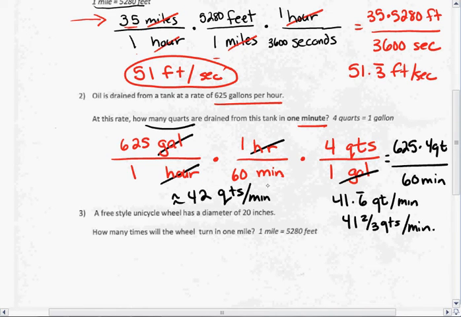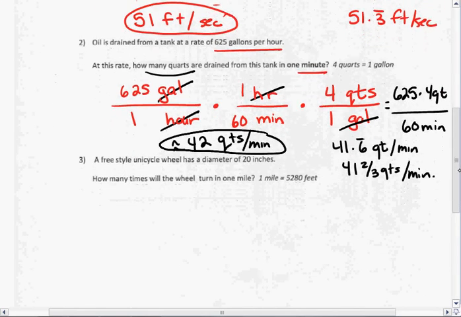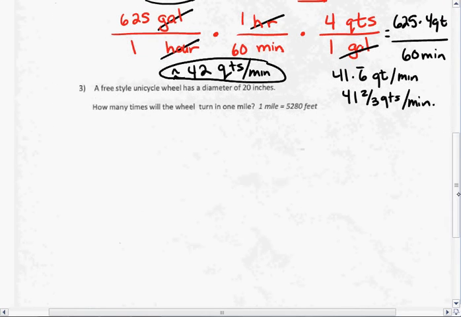Last question. Last question is the circumference over distance question. A freestyle unicycle wheel has a diameter of 20 inches. How many times will the wheel turn in 1 mile?